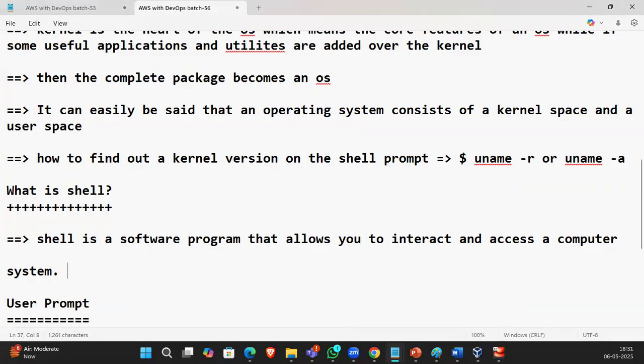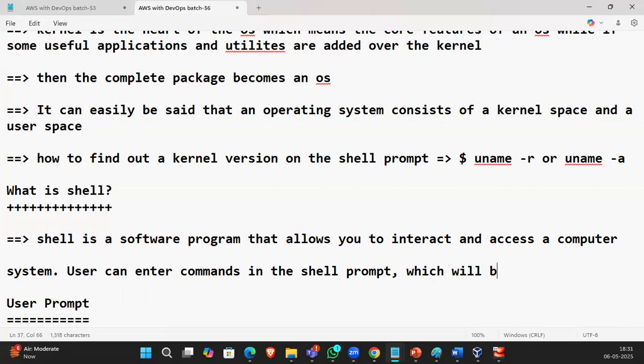Okay, user can enter commands in the shell prompt, which will be executed by the shell.